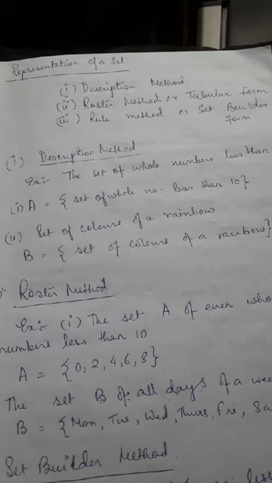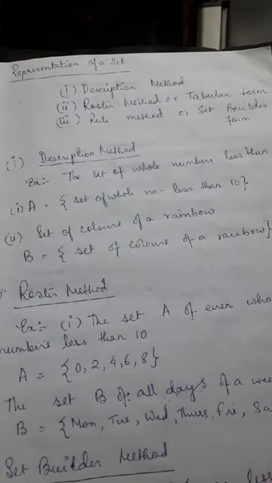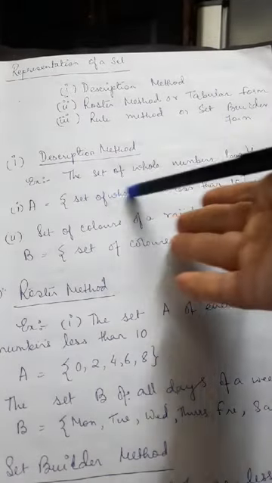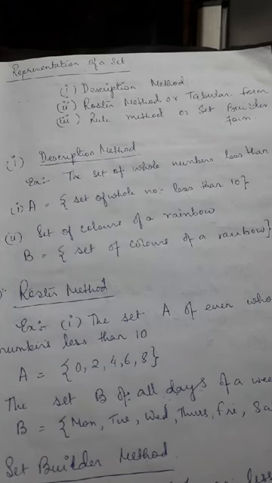You write it by means of curly brackets, describing it: the set of whole numbers less than 10. You are basically describing the question by means of curly brackets. That is what the description method is.